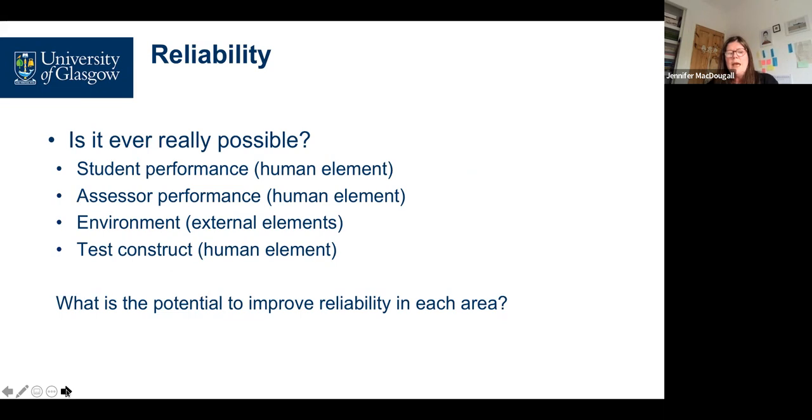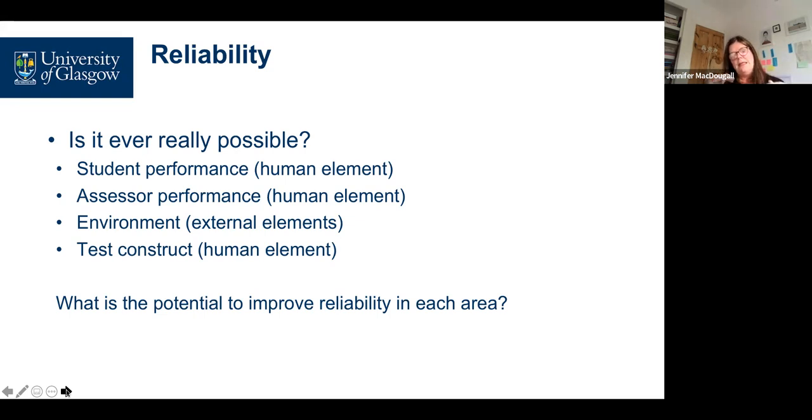The idea is that in every situation, which is what we're trying to achieve, an assessment will behave in the same way, no matter who takes it and no matter who assesses it. That seems to be a very, very difficult thing to achieve.